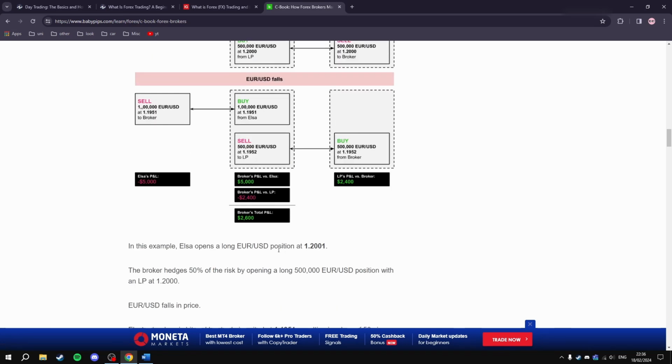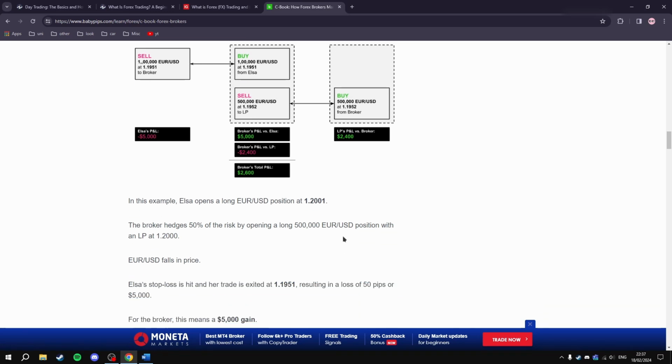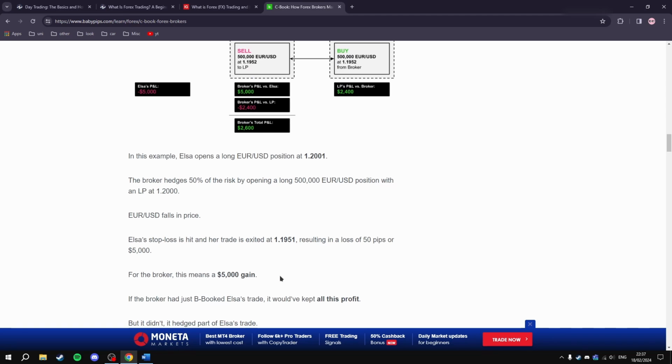In this example, Elsa opens a long Euro USD position at 1.2001. The broker hedges 50% of the risk by opening a long 500,000 Euro USD position with a liquidity provider at 1.2. Euro USD falls in price. Elsa's stop loss is hit and her trade is exited at 1.1951, resulting in a loss of 50 pips or $5,000.